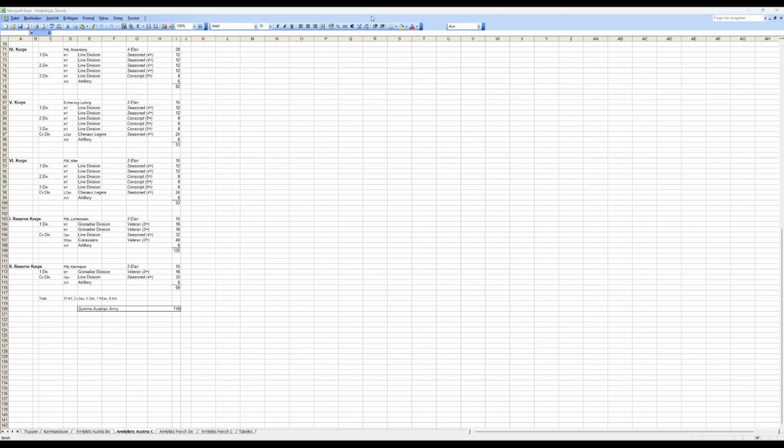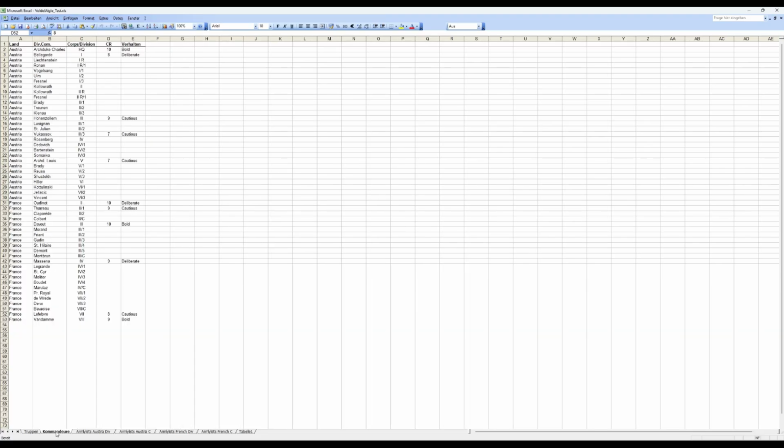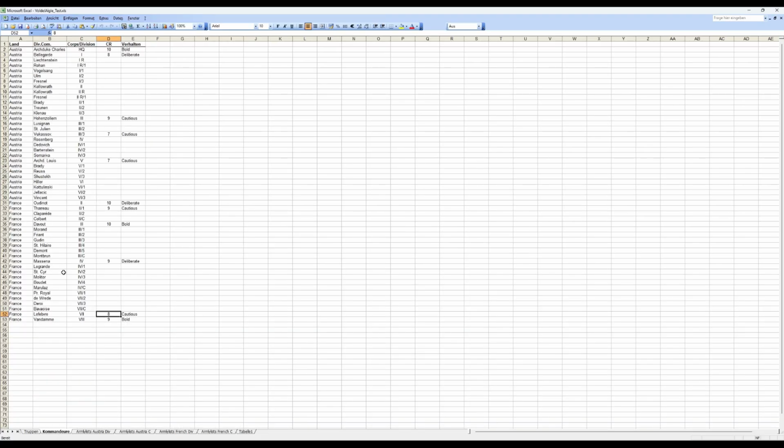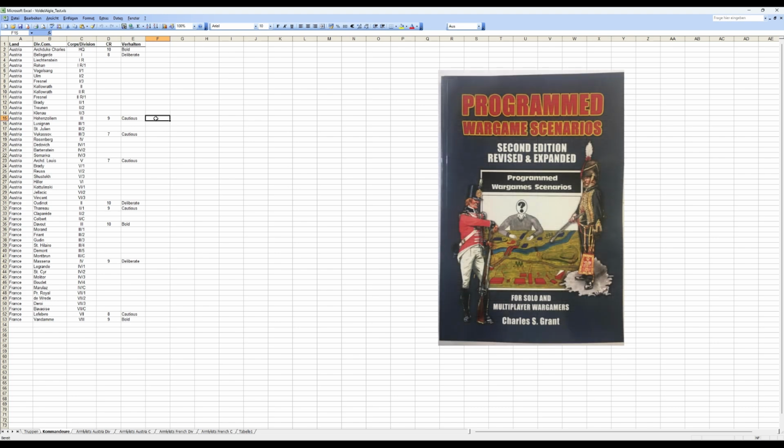I had compiled the commanders of both sides into a table to assign them behavioral values in case they had to act without orders. However, only a few found themselves in this situation. I borrowed the behavioral model from Programmed Wargames Scenarios, 2nd edition, by Charles S. Grant.